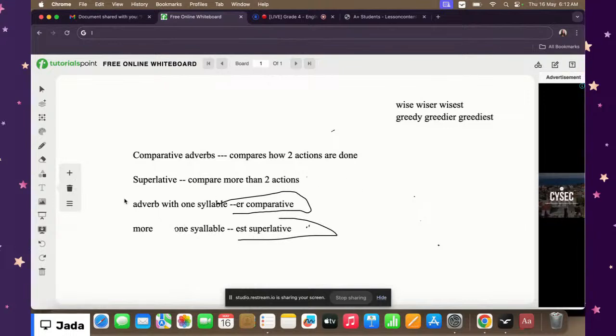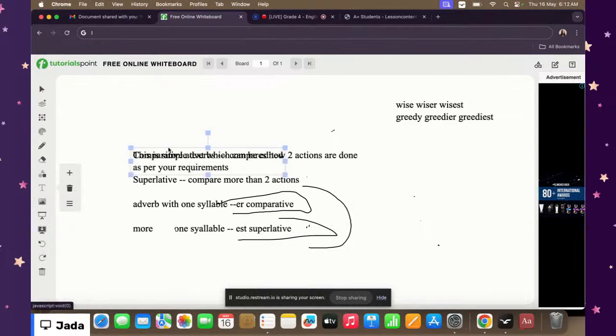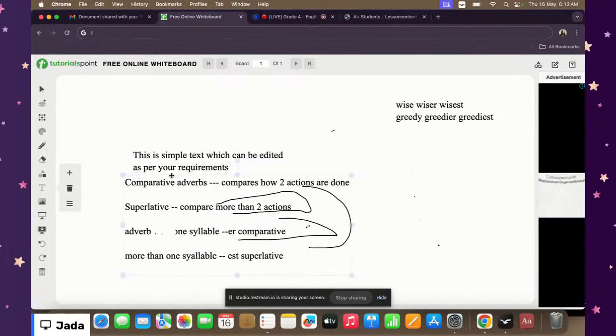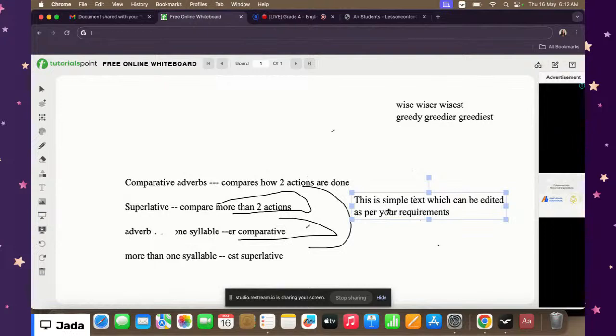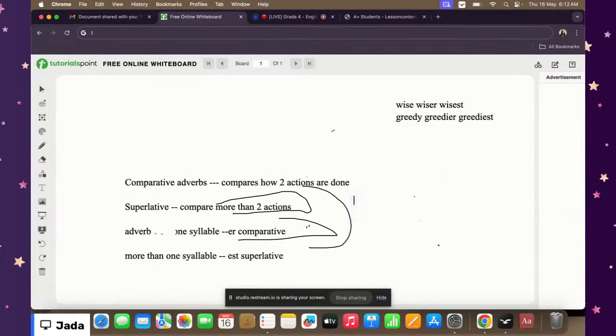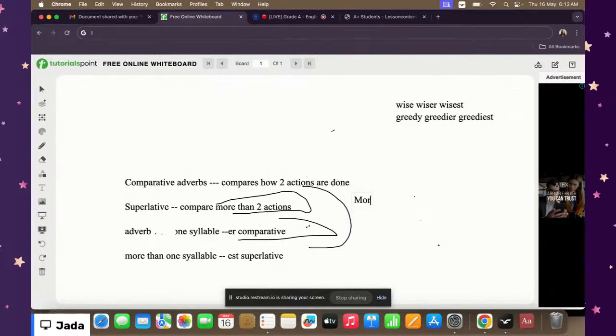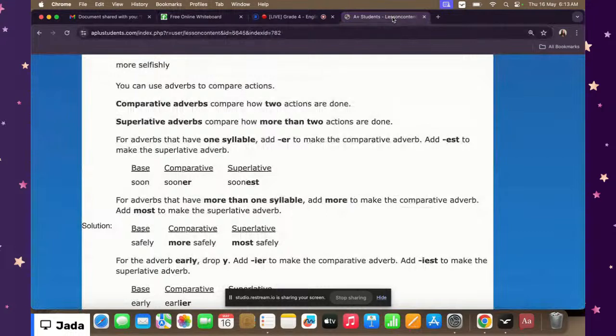And if you still have superlative and comparative with more than one syllable, this is what you do. Come here, more. So when you have more than one syllable, okay.